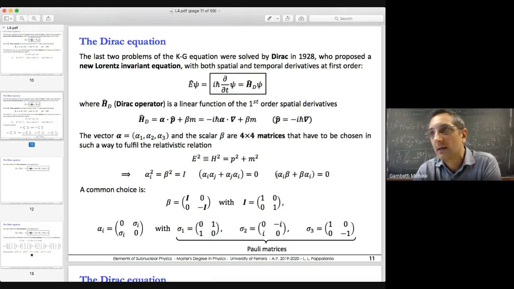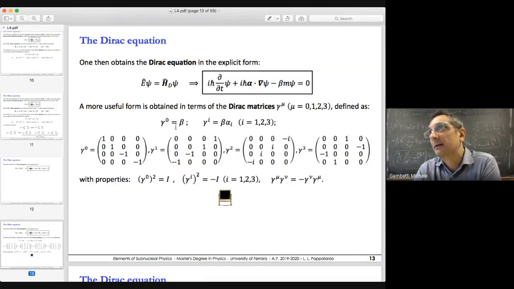In particular, it turns out that gamma 0, the first component here, is equal to the beta matrix that we defined before, and the gamma i are given by the matrix product beta times alpha i, where i of course runs from 1 to 3. Once you use this definition, this is the explicit form of the four Dirac matrices: gamma 0, gamma 1, gamma 2, and gamma 3.